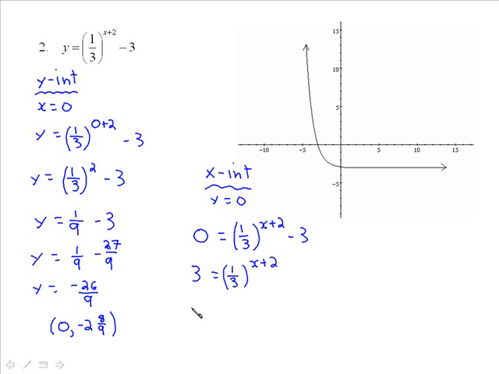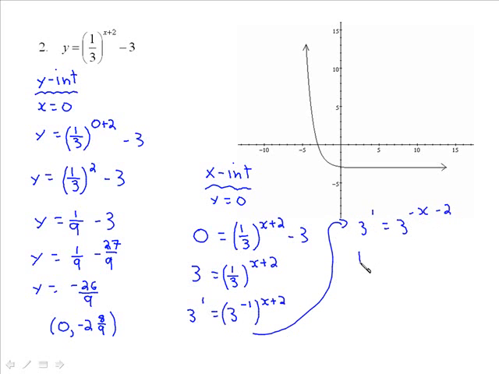Get your common base. Now, your common base could either be 3 or it could be 1/3. I'll go with 3. I'll write that as 3 to the 1 is equal to 3 to the negative 1 raised to the x plus 2. So therefore, 3 to the 1 is equal to 3 to the negative x minus 2.